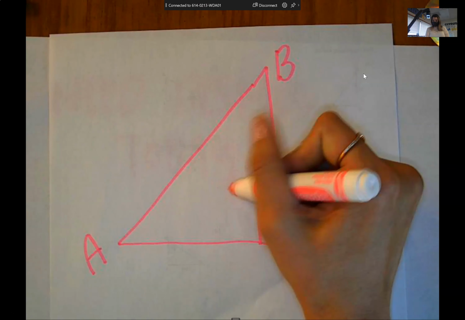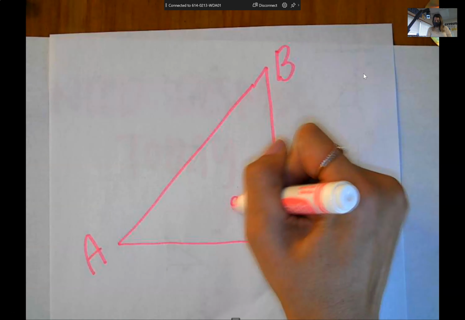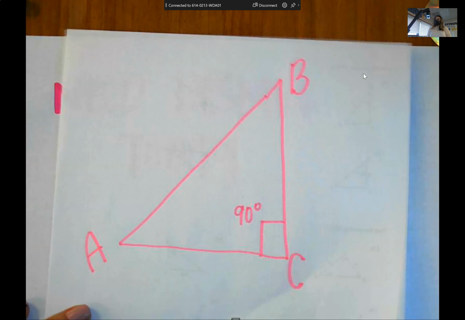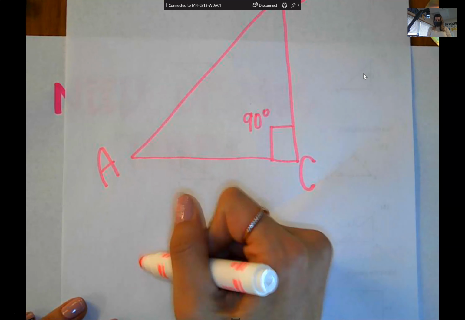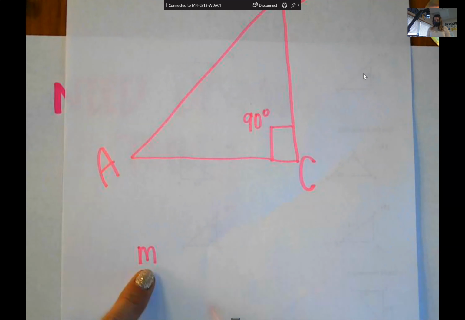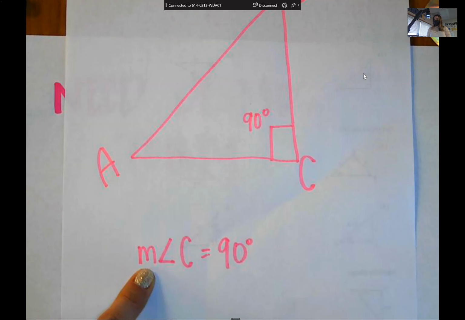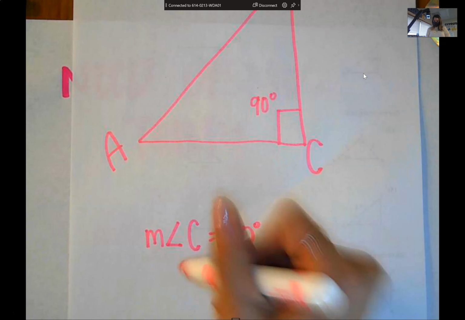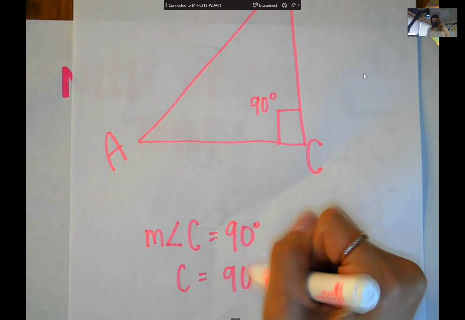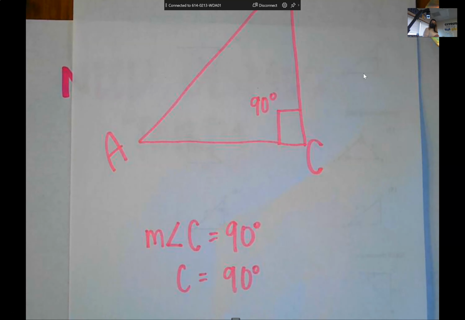So I would say angle C is a 90-degree angle. And I would either write that really fancy, like the measure of angle C is 90, or I could just go simply C is equal to 90. But when it's a capital letter, we're talking about angles.